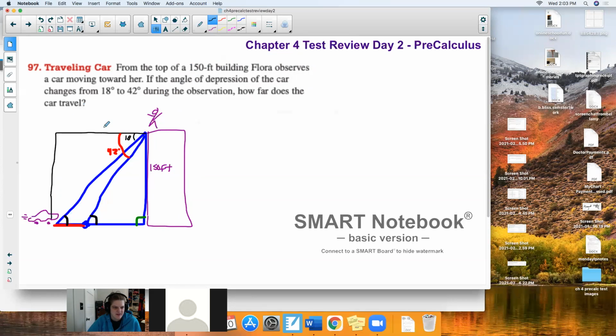So if this is 18 degrees and this is parallel to this, and this is its transversal, oh my gosh, 18 is here as well. So there it is. And if this is parallel to this and this is its transversal to make this 42, then that's 42 as well.